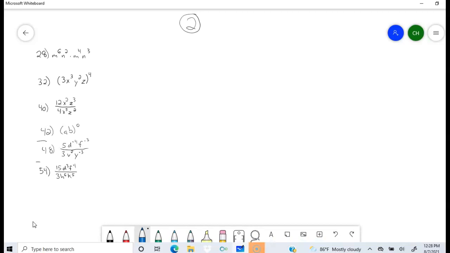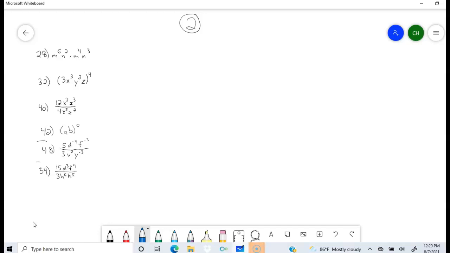Alright, we're going to go to number 28. It wants us to simplify using the exponent properties. So we just got to remember, when you multiply the bases, what happens to the exponents? When you divide the bases, what happens to the exponents? Number 28 says m to the 6th n squared times m to the 4th n to the 3rd.